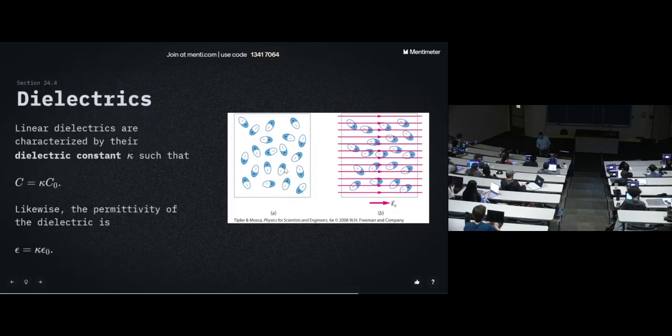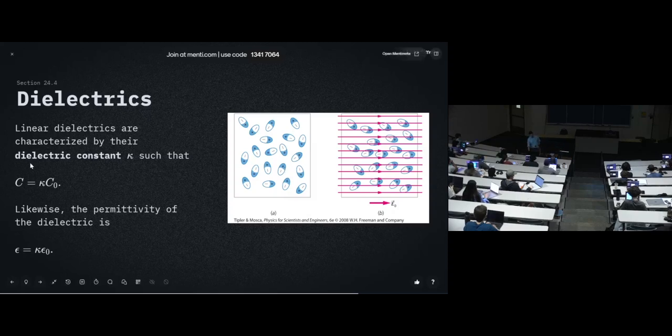Specifically, linear dielectrics, which is all we're going to talk about in this class. There are nonlinear dielectrics that, as you increase the external electric field, change the polarization inside of the dielectric.